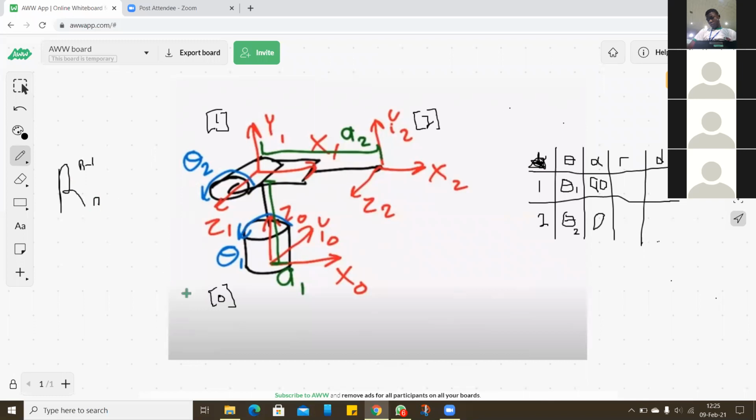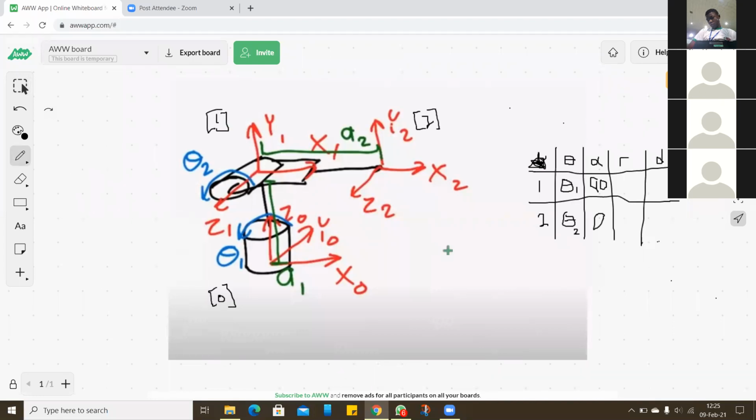So now when I do frame 0 to 1, this will be frame 1 minus 0, which is 0, 1. So now we are dealing with R1, this one.